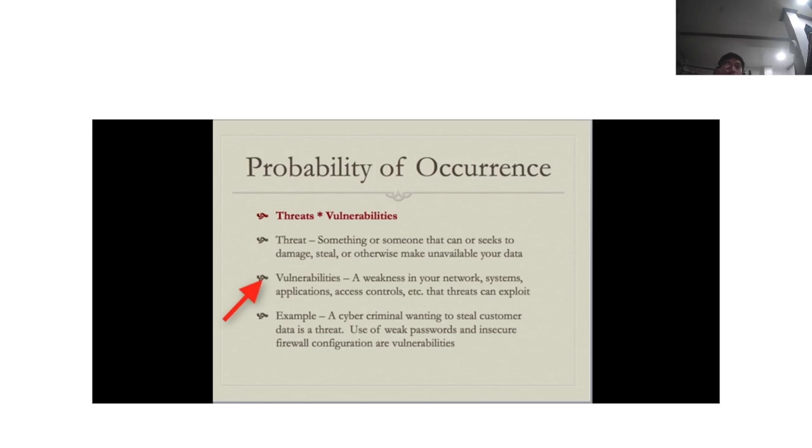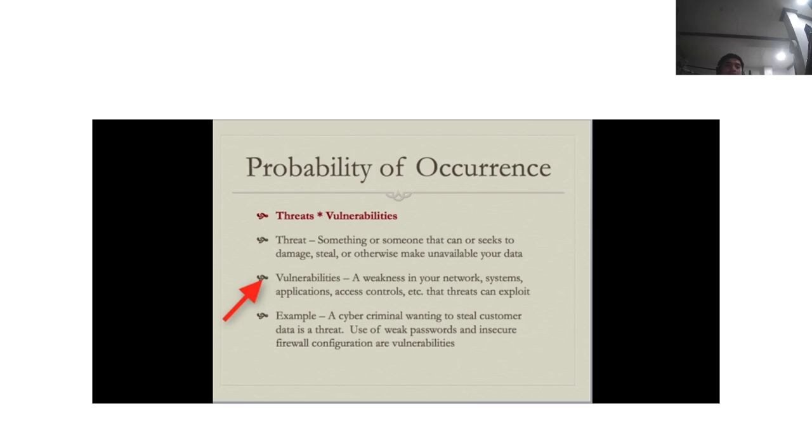So the probability of occurrence is the probability that a threat will exploit a vulnerability to achieve its desired objective.